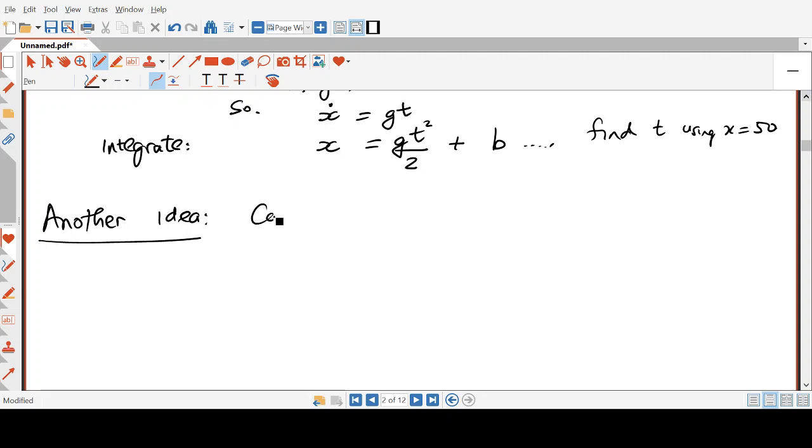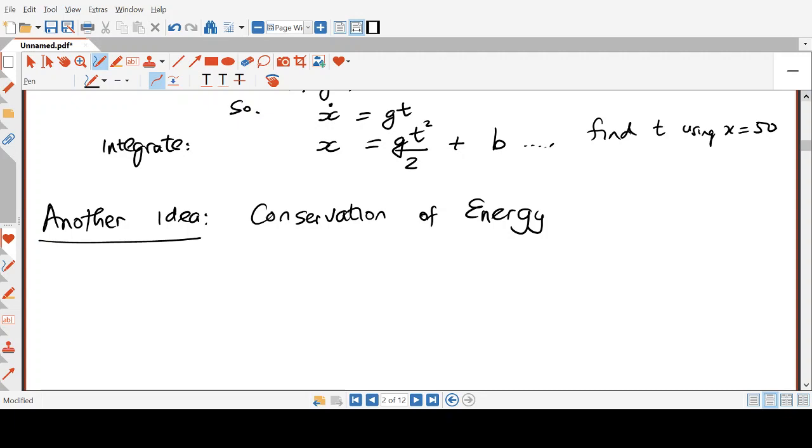We can use the conservation of energy. I'm just saying, to solve the same problem, instead of using the equations of motion, s equals half gt squared plus b, or whatever, the b can be 0. When it reaches the bottom after 50 meters, actually at the top, the distance covered is 0.